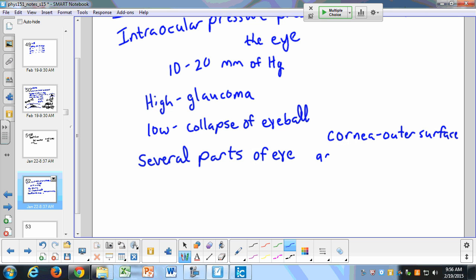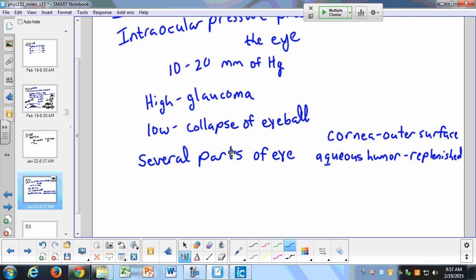I'll show you a picture here in just a bit. This is a fluid in your eye that's replenished. So it's flushed out continually. It's replenished, and then it comes out of your eye as well.